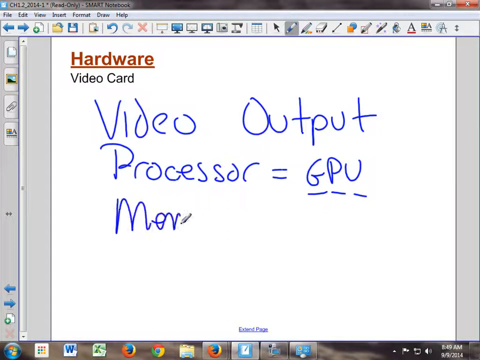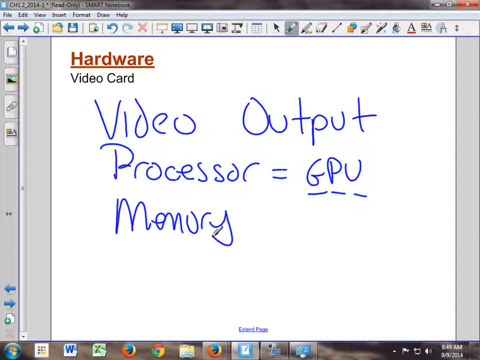A video card, for all intents and purposes, is its own computer anymore. In fact, this video card, with this limited amount of memory that it has, is better than that computer was when it came out. It has faster processing power by probably a power of 5. It has more memory by like a power of 100.